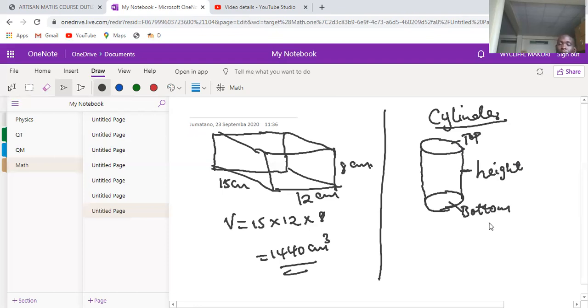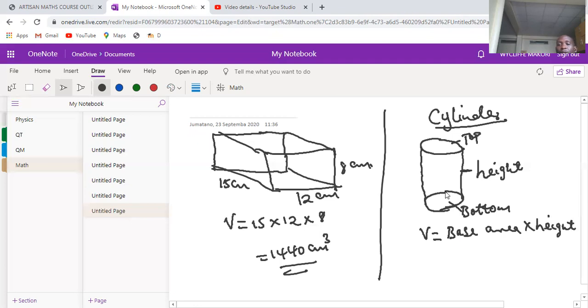A cylinder can be open or closed. A closed cylinder is one that has top and bottom surfaces. But an open cylinder has only the bottom surface, and the top part is open. The volume of a cylinder is given by base area times the height.